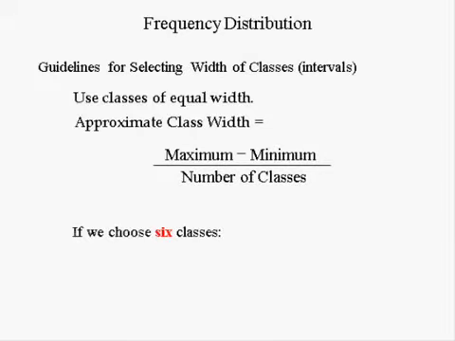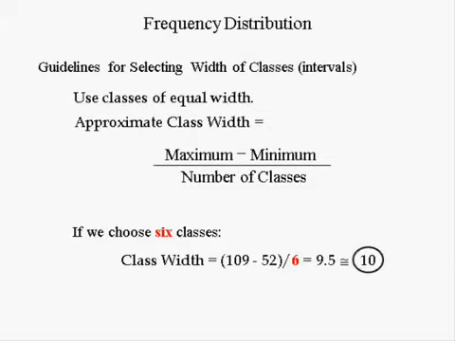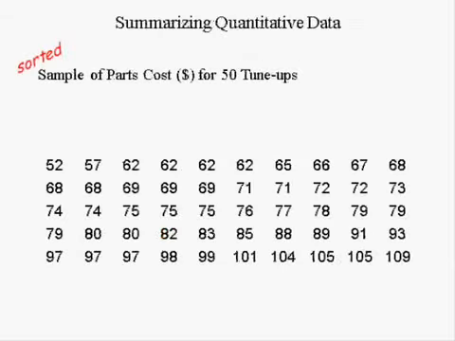We chose 6 classes in the previous video for our Hudson Auto Repair data, whose minimum and maximum values were 52 and 109. So the class width according to this equation is 9.5. Well, this isn't a nice number. We chose instead the number 10 because it is nice. So 10 was our class width.